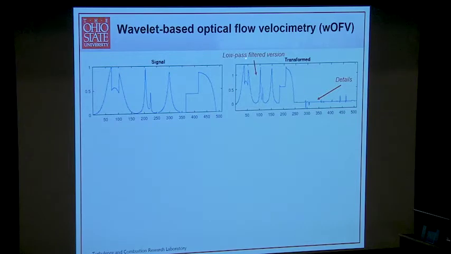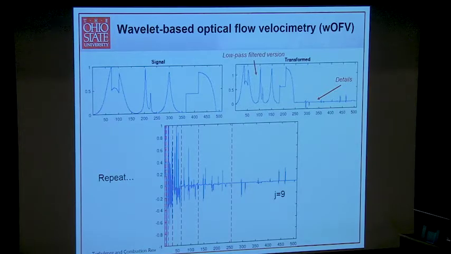Right now, what I'm trying to say is that we can get this low-pass filtered version, and we can repeat this over and over again, such that the original signal, in terms of the wavelet transform, has a single approximation coefficient and all of these detail coefficients. If I take all this information and invert the transform, I will get back the original signal. So this is all of the information to get back to here.